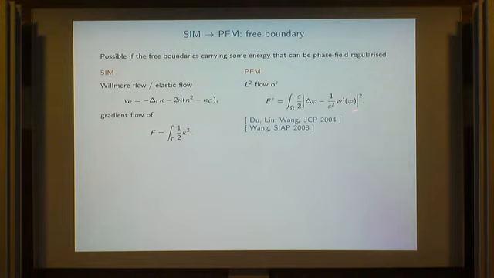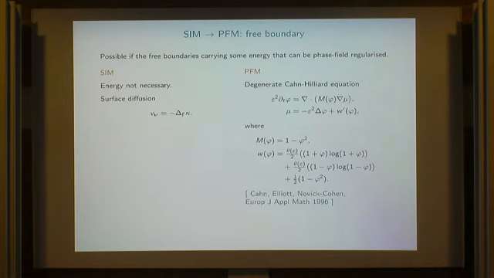Good. So this works if you have an energy. It might sometimes have a chance even if you don't have any energy underlying the system. Here's the example of surface diffusion. You can consider that as a fourth order evolution equation, and you can approximate it by, in this case, the degenerate Cahn-Hilliard equation. It's a weighted H-1 gradient flow now of the Ginzburg-Landau energy.